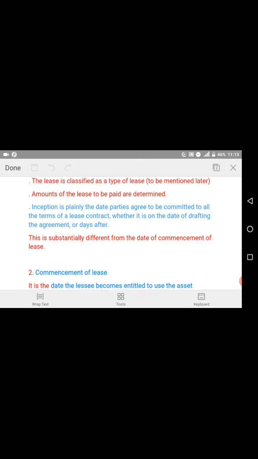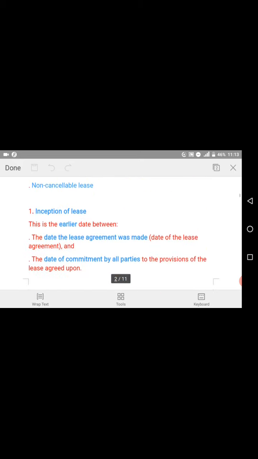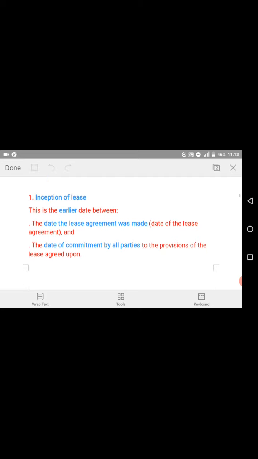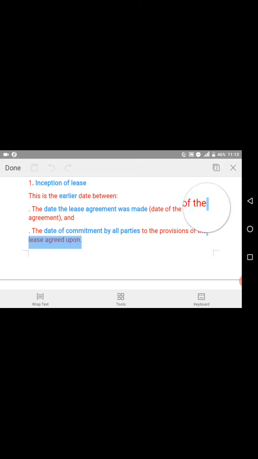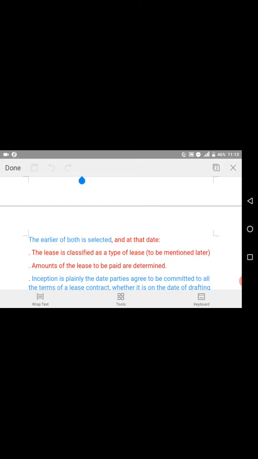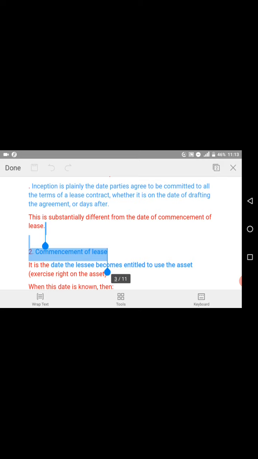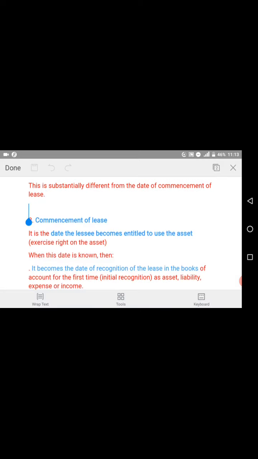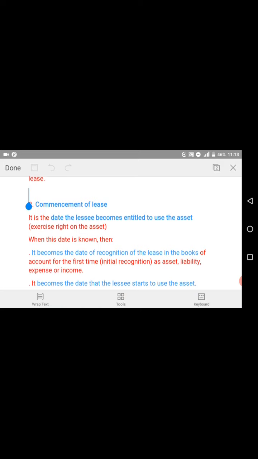While the first one, which we were given before, inception of lease, is the earlier date between the date of the lease agreement and the date of commitment, which is different from the commencement of the lease.